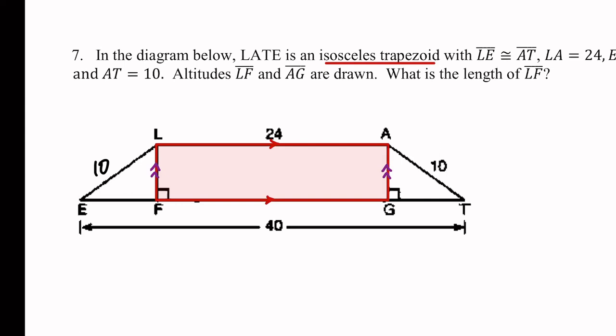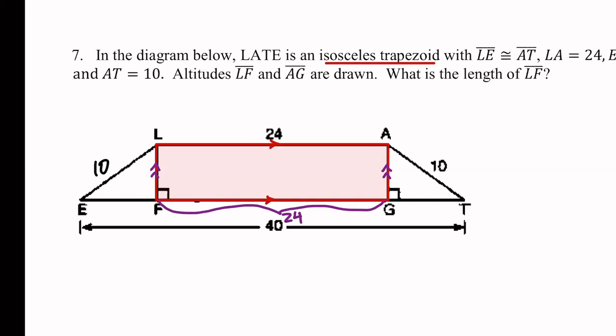Now, that's actually good enough because in a parallelogram, opposite sides are congruent. Opposite sides are parallel, but opposite sides are congruent also, right? So that's enough for me to say that this line segment here is 24 units, right?